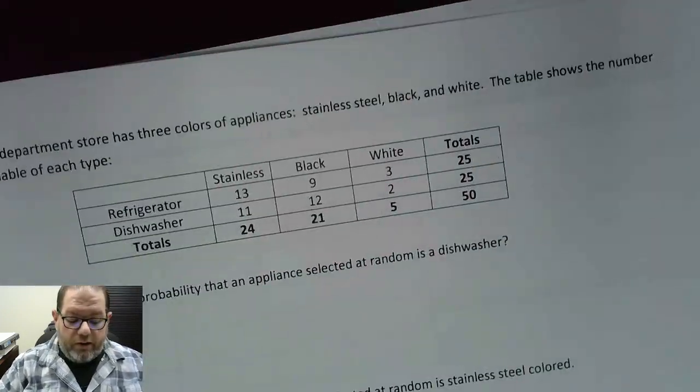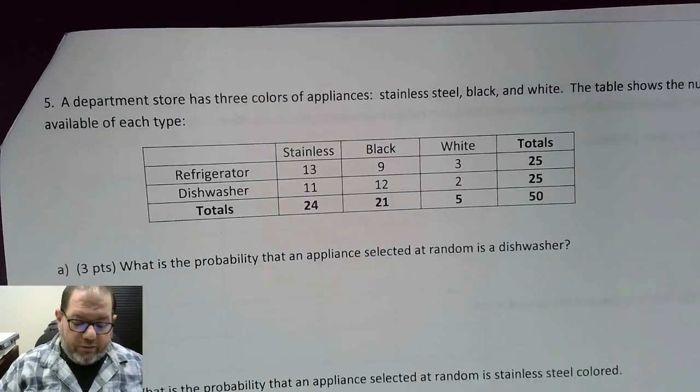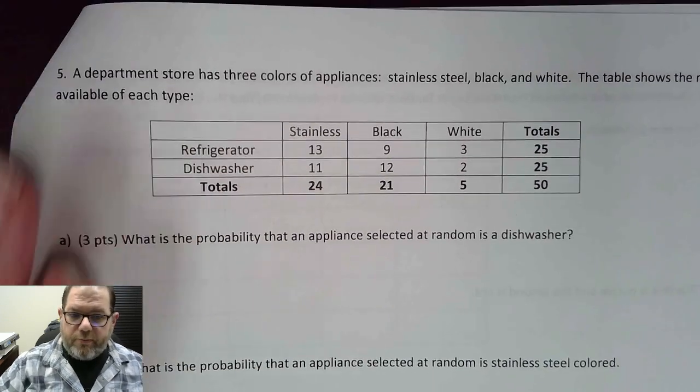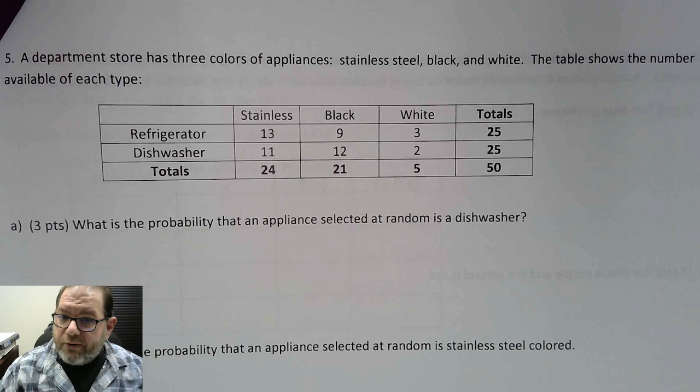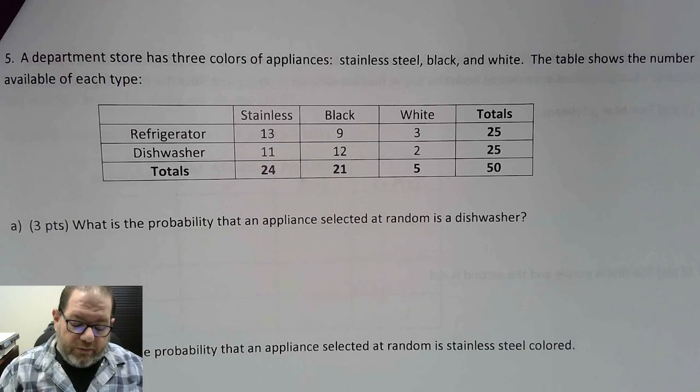Okay. Now this is what we would call our empirical probability, where we're just calculating probabilities based on the data that we've collected. Like in this case, we're looking at a department store that offers 3 colors of appliances, and we're looking at 2 appliances in particular.